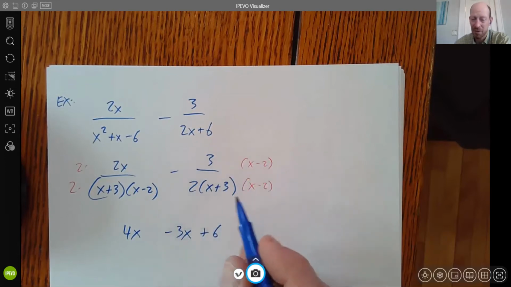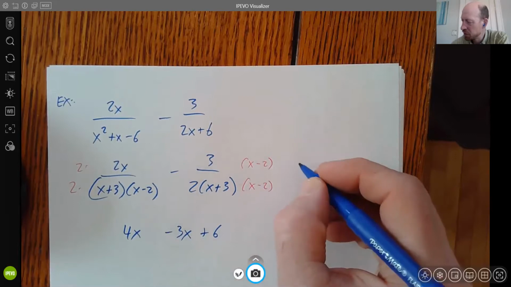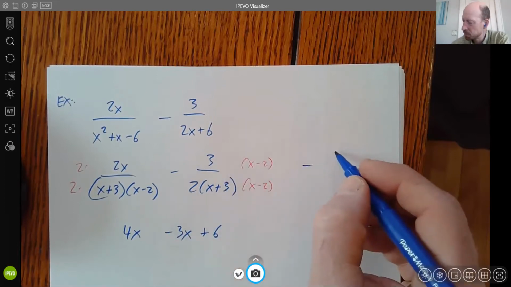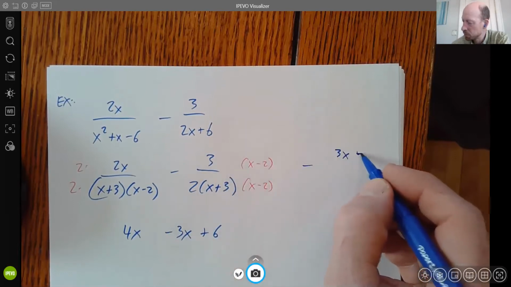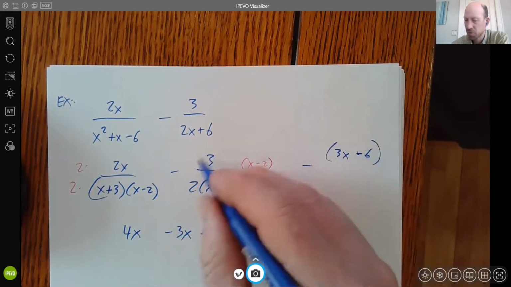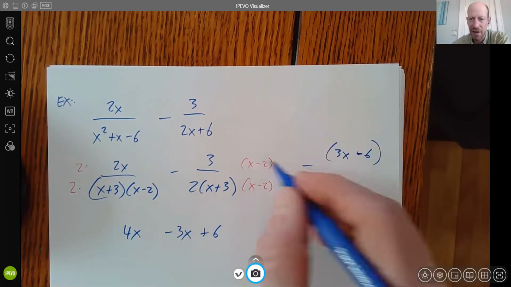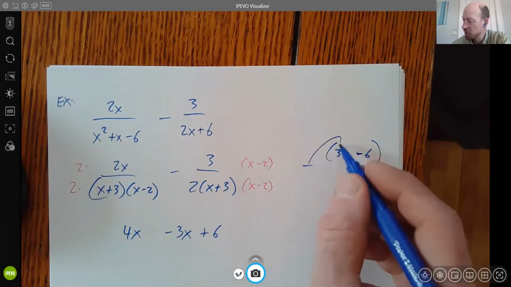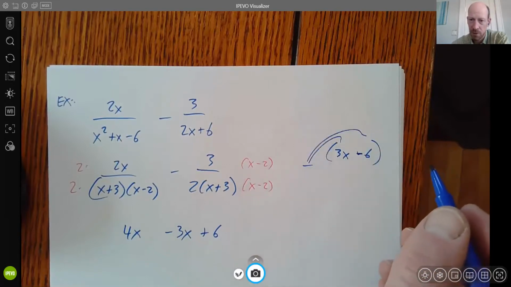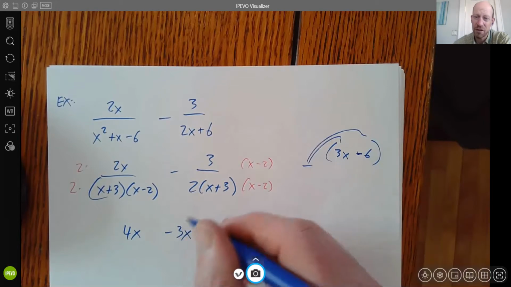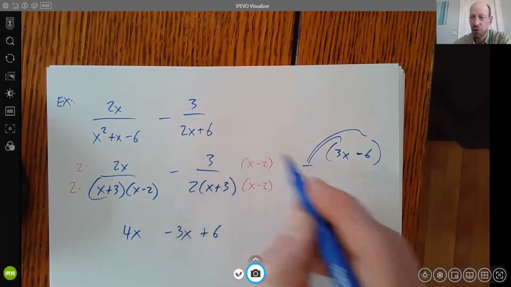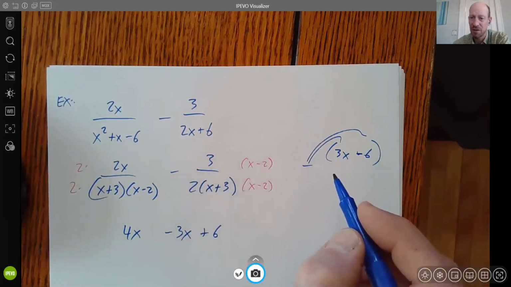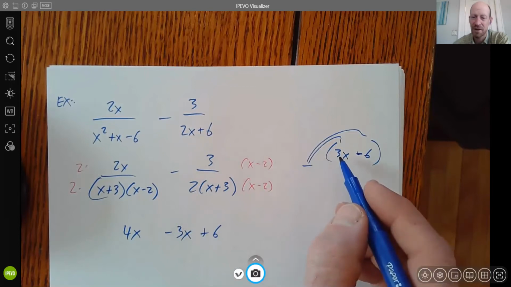It's not always possible. The other way to do it would be to distribute first, right? Multiply this out however you'd like, and then distribute the negative to both of those terms, right? But either way you do it, you've got to get the negative through the multiplication. It needs to be distributed. You can't just subtract the 3x.